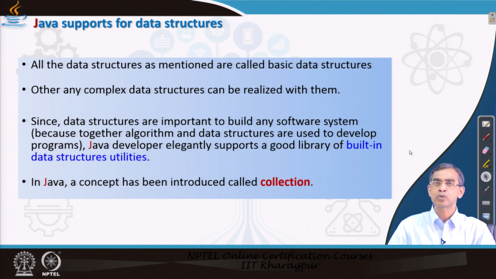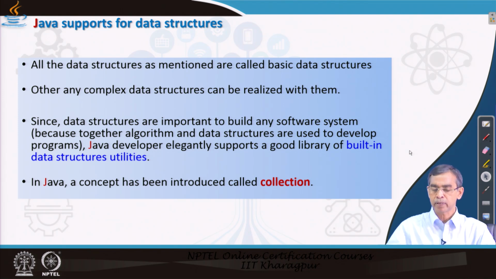This library is stored in a very vast package. The name of the package is java.util. The util package is a very extensively used package after the java.lang package. Overall, the facilities in java.util are called collections.